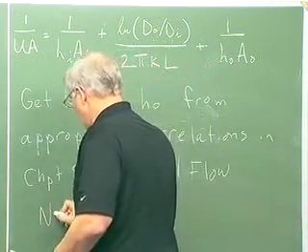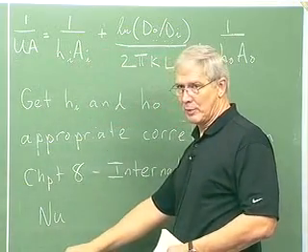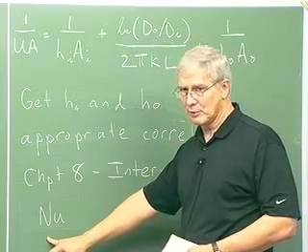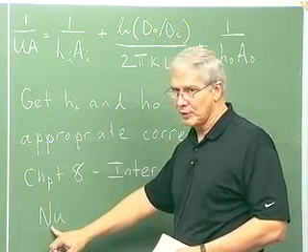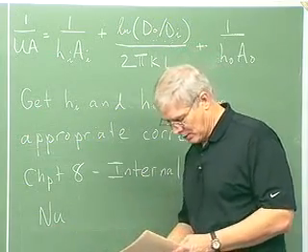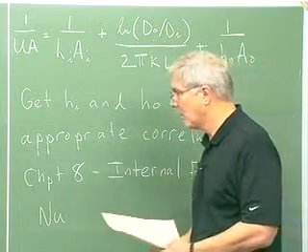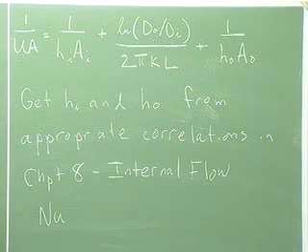You'll calculate the Nusselt number, and to get the Nusselt number, you'll need the Prandtl number and the Reynolds number. Once you have the Nusselt number, from there you can get the h value. Okay, the next step would be to calculate the fouling factor.